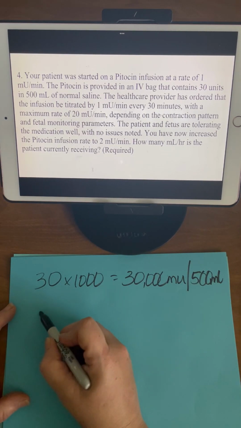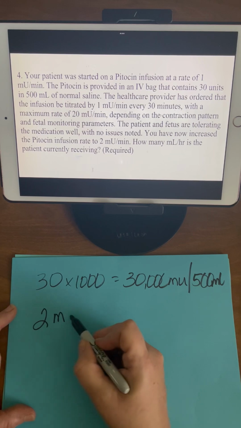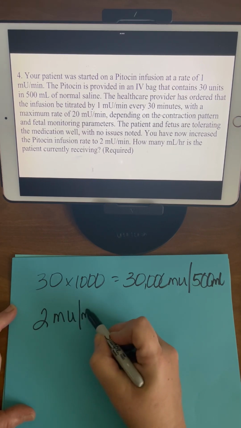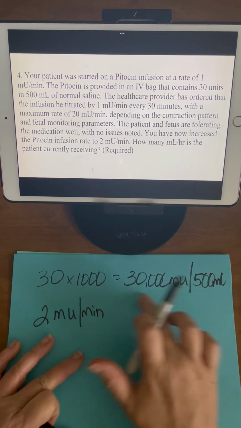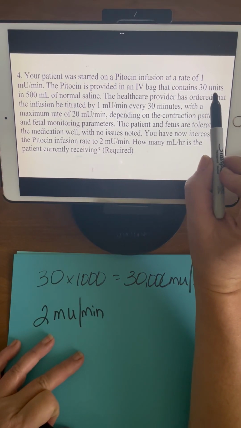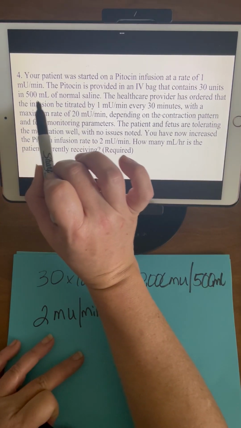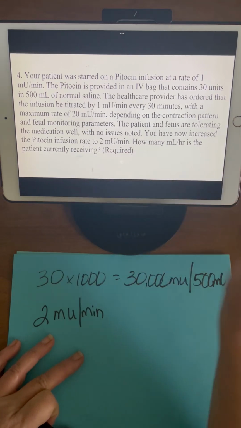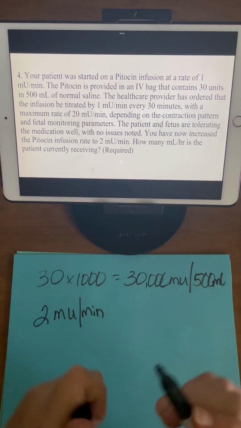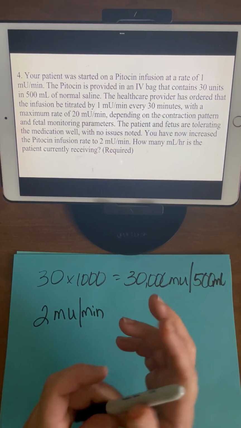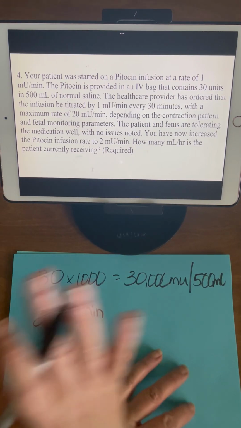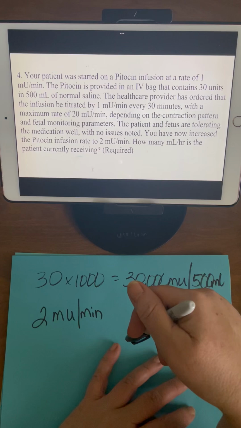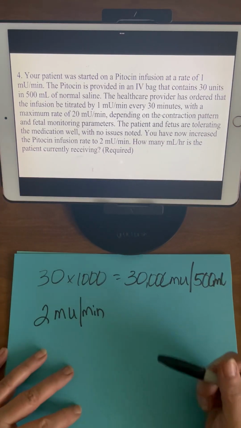That's what we're bumping it up to now. And you have to have your dose on hand, which is 30 units in 500 milliliters of normal saline. The rest of that is distractors. I know you probably vomited in your mouth a little bit, but grab your beverage, take a swallow, and let's just clear our mind.